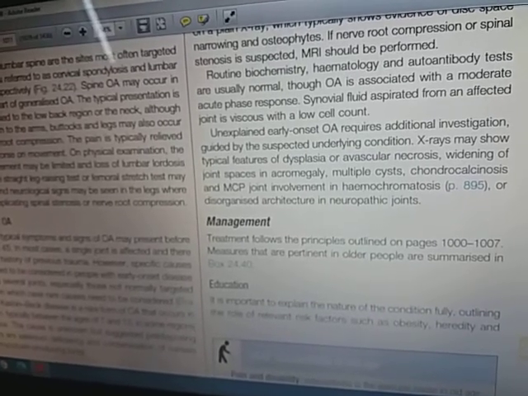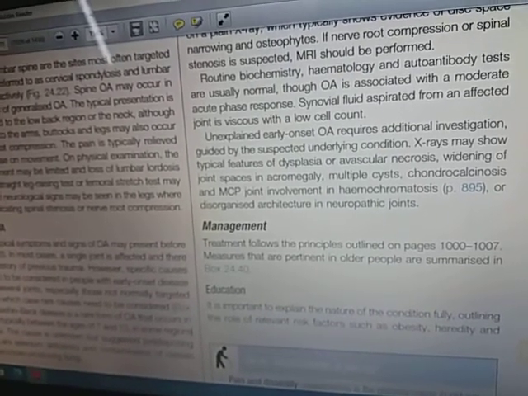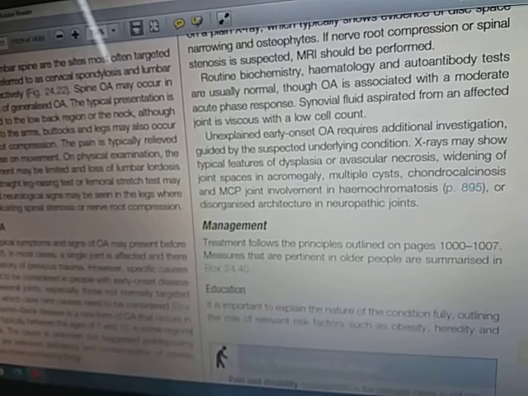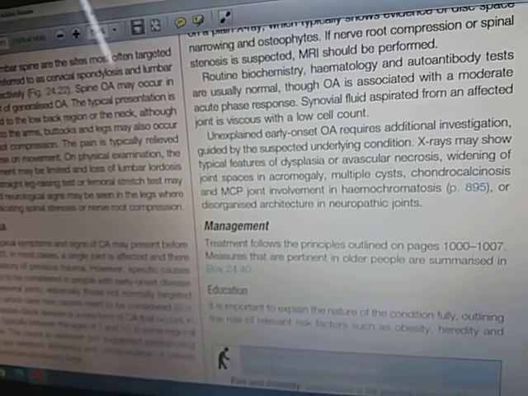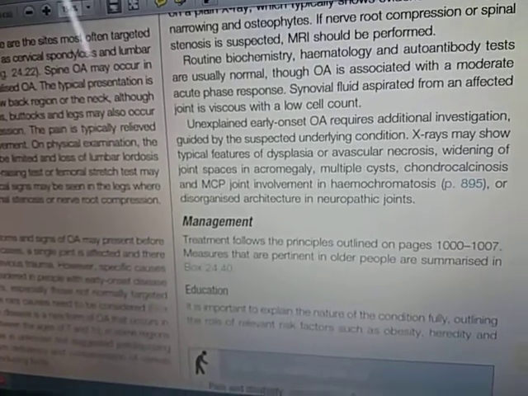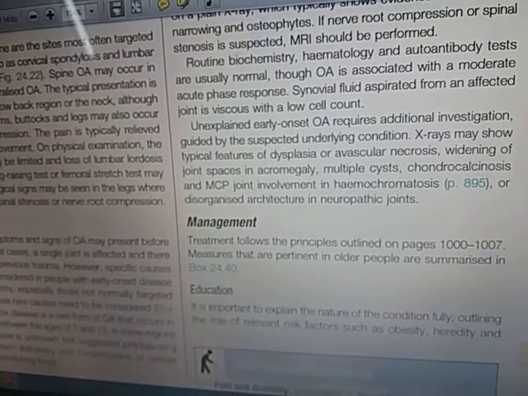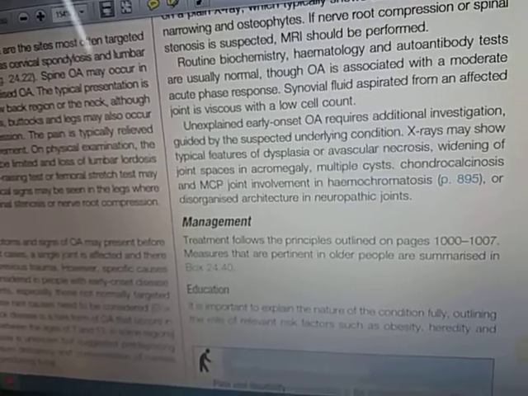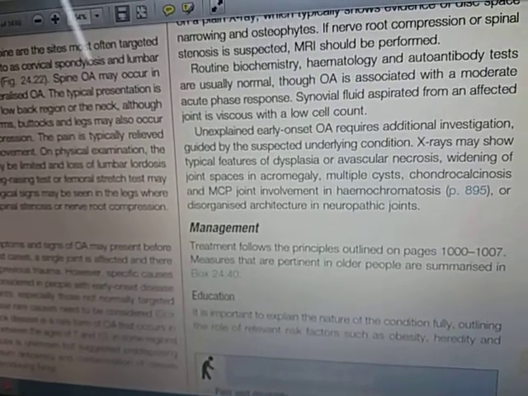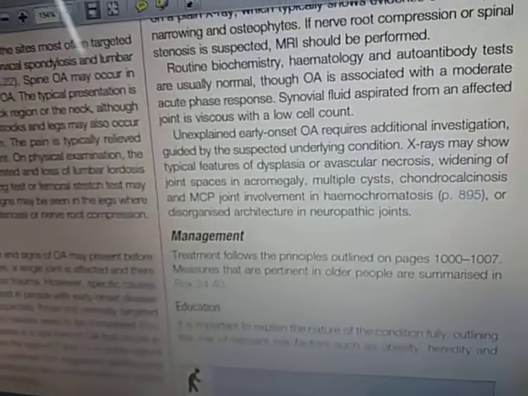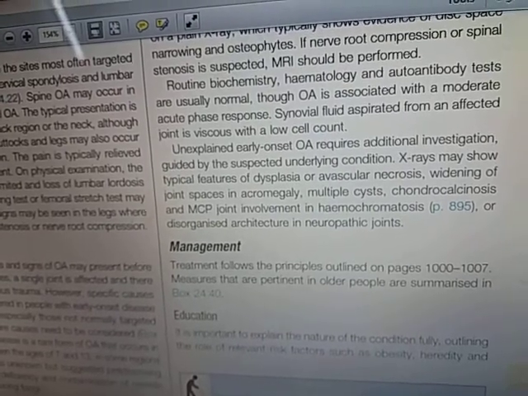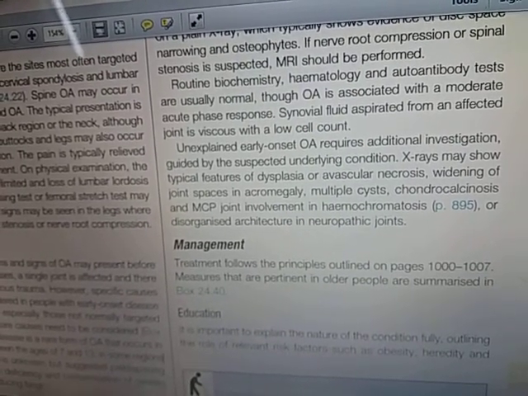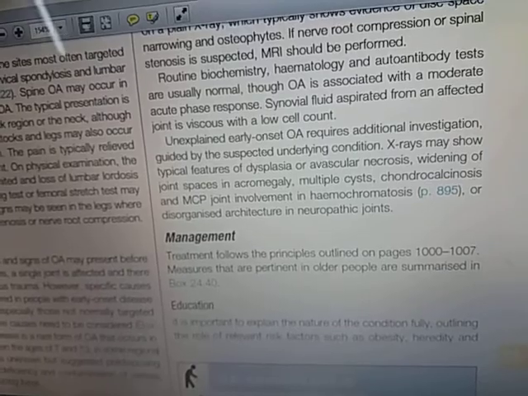So the patient should be assessed clinically, as we have just said, many people with radiological degenerative changes are asymptomatic. So the treatment should be based on the clinical evaluation.